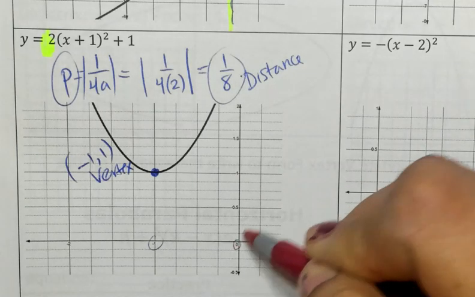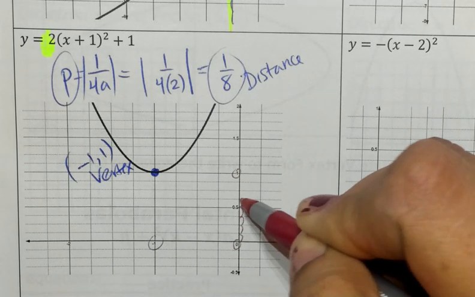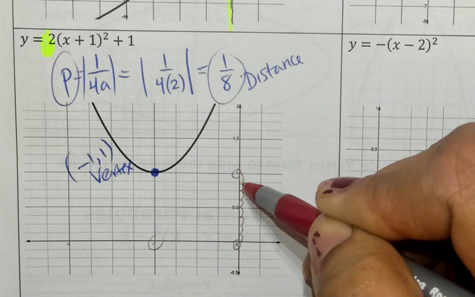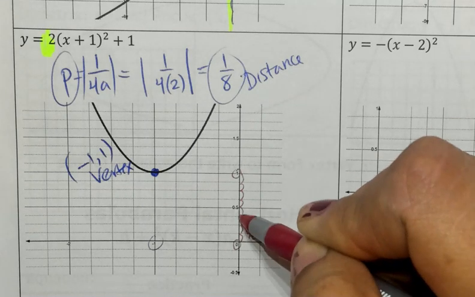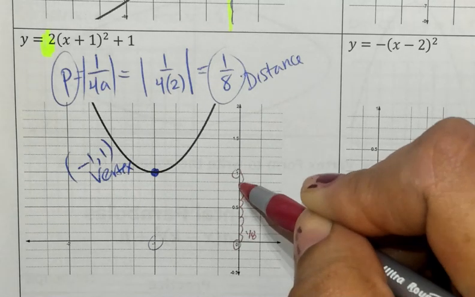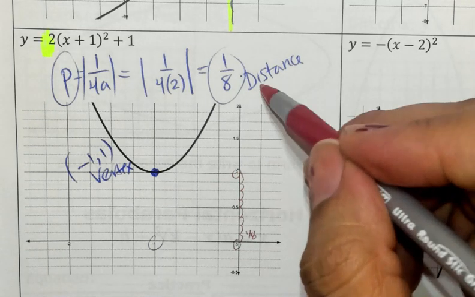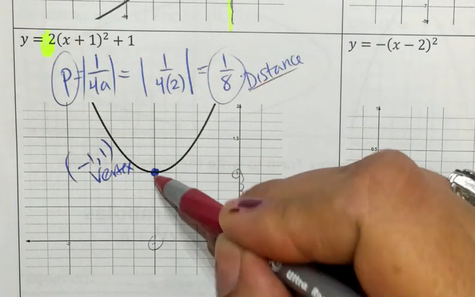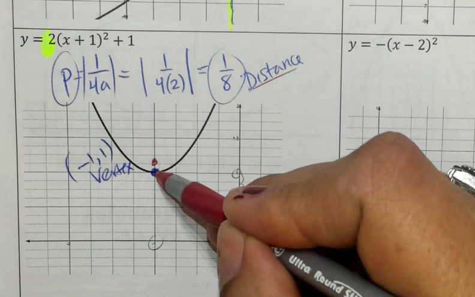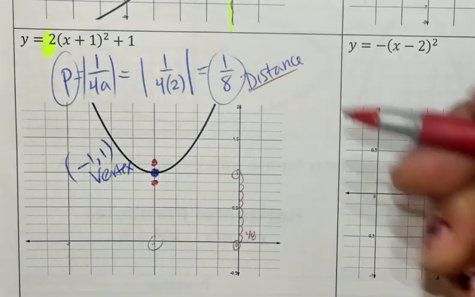From 0 to 1 on this grid, you count the spaces, and there's exactly 8 spaces from 0 to 1. So each line is already counting in 8ths: 1/8, 2/8, 3/8, 4/8, 5/8, 6/8, 7/8, and the whole number. So if our distance is 1/8, we are simply moving one line above the vertex and one line below the vertex, because the distance is 1/8.